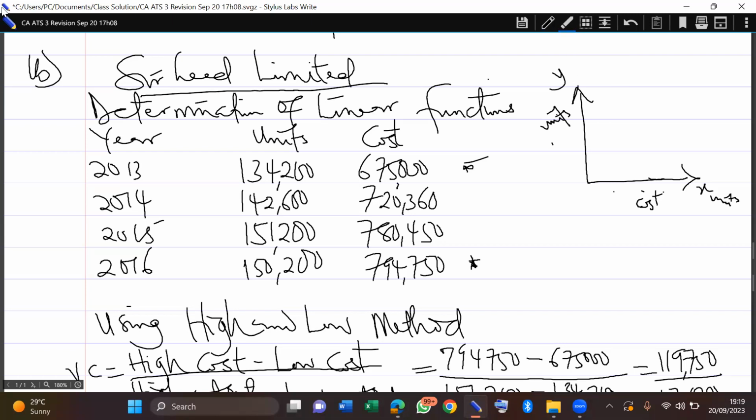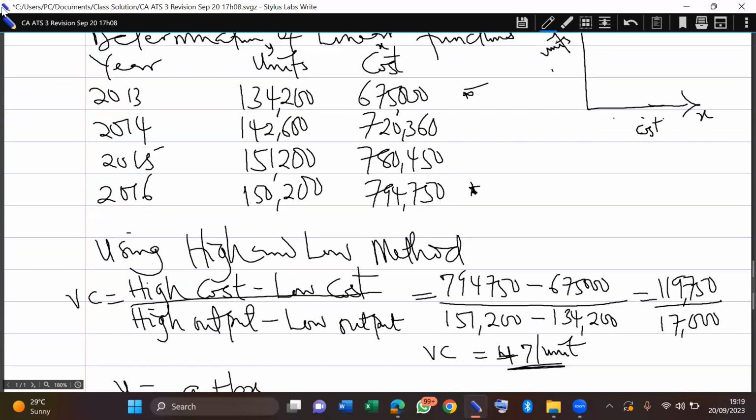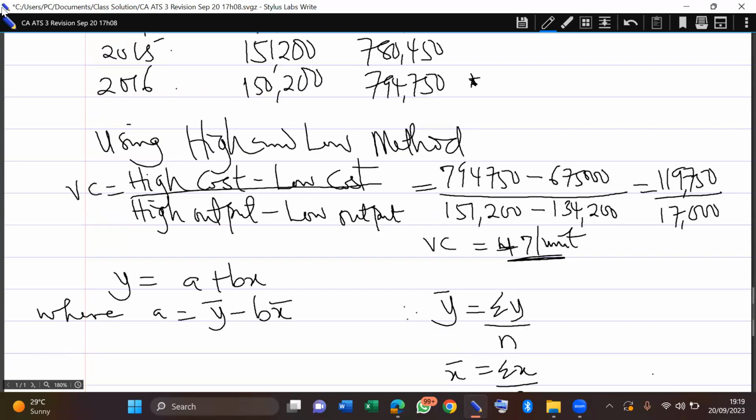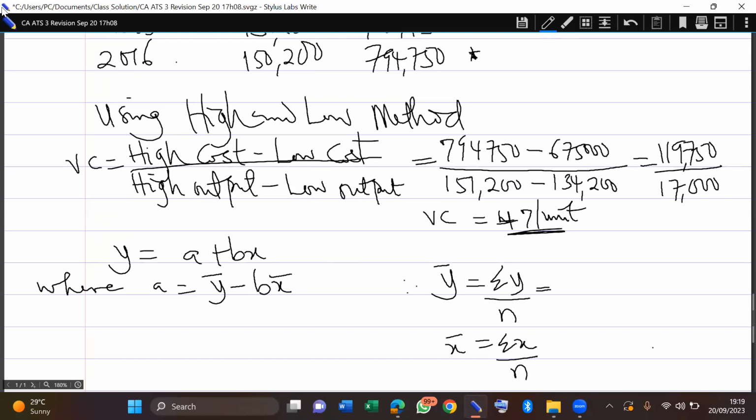Since you are certain about that, put your X here so that we recognize it. Put your Y here. Now, summation Y. What is the number of entries here? 1, 2, 3, 4. That is n. You will divide this by 4.